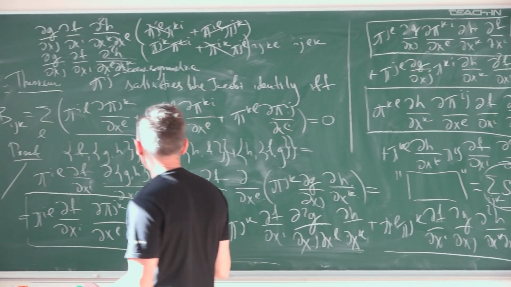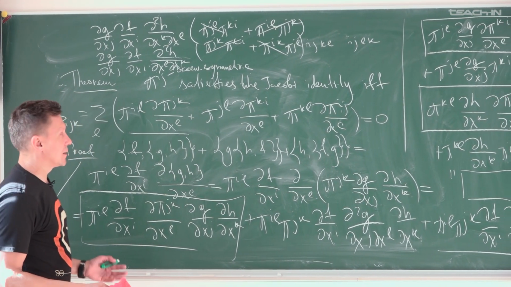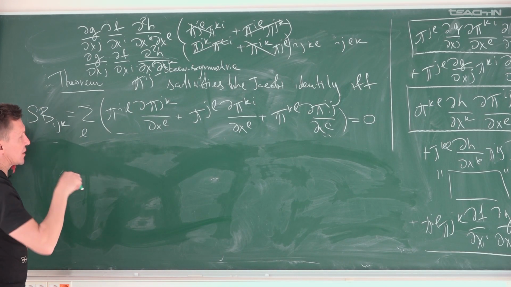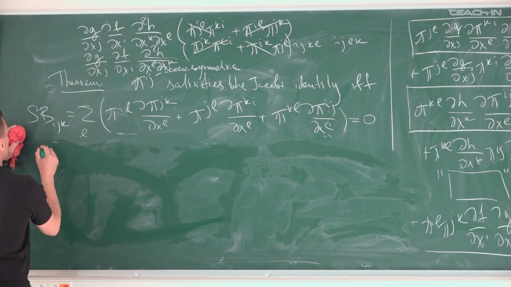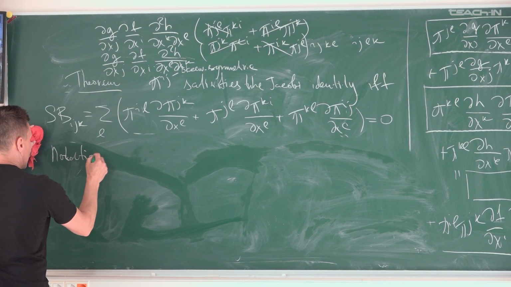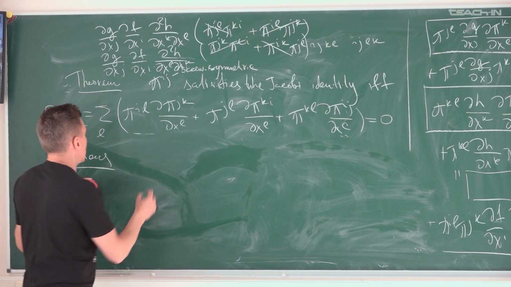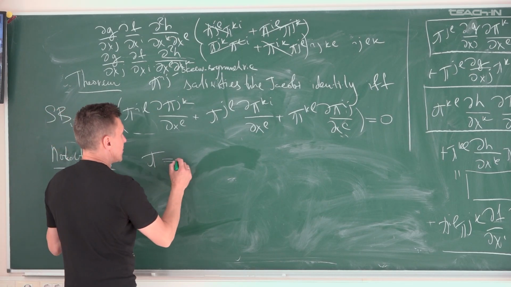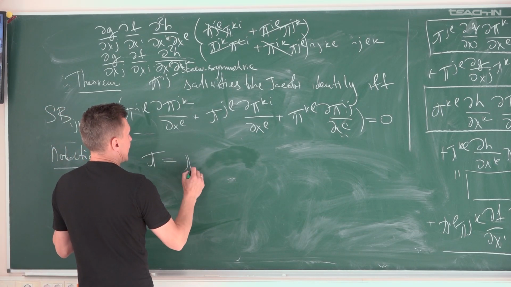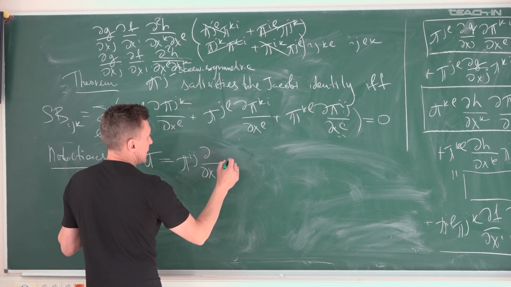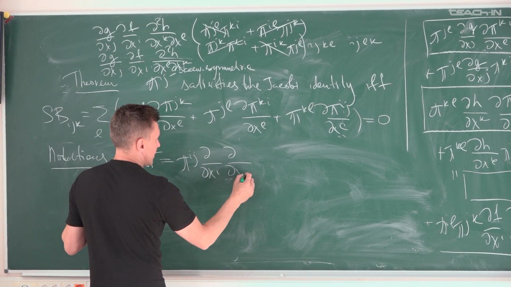So it's important to put the indices correctly. Absolutely. Just some notation. We will denote a bivector by the following expression: pi ij d over dxi d over dxj.